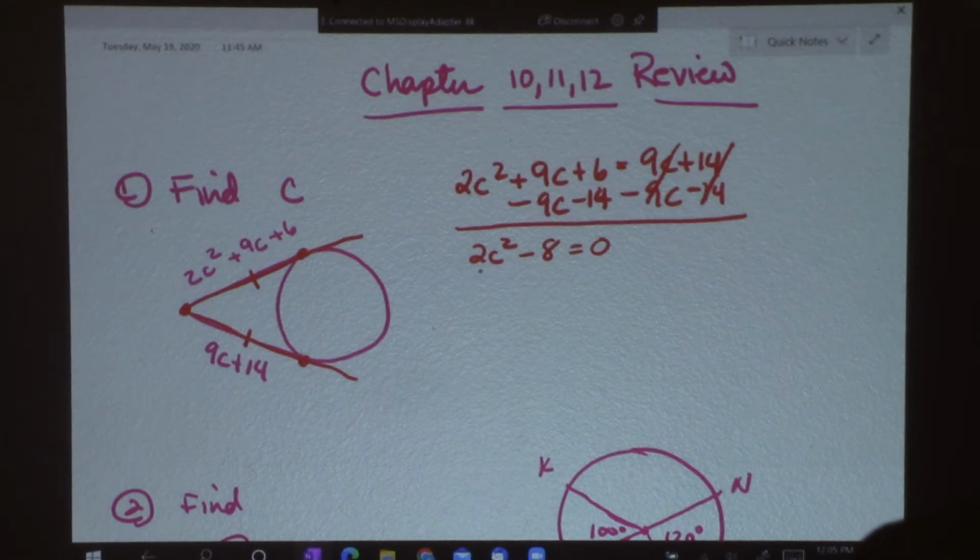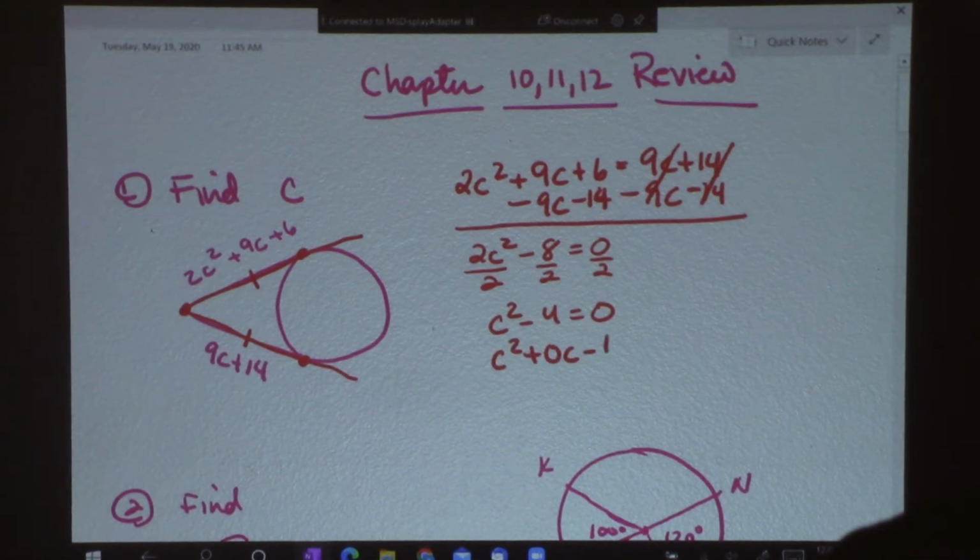Now I'm looking at this and I'm going to factor out a 2. So I divide every term by 2. Oh, look at that beautiful thing. That is a perfect square that we can factor. Now, if you're in my algebra class, then you would know we put a 0 term in here, and then we can use magic X to factor. So what multiplies to be -4 and adds to be 0?